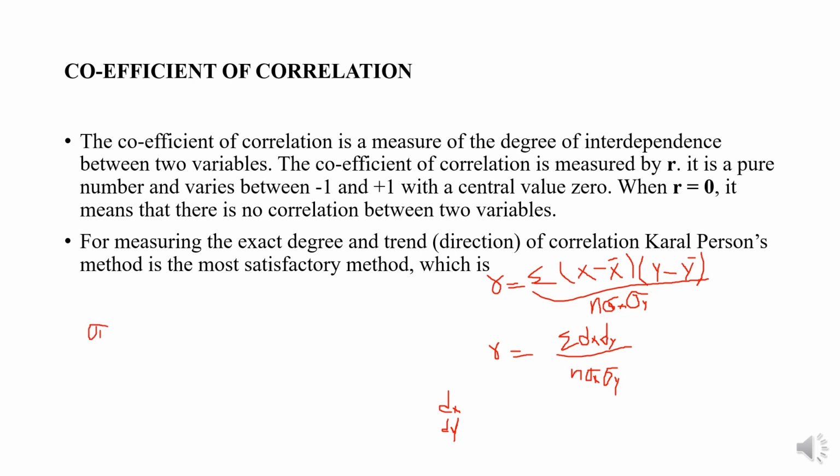For sigma x, we have the formula: square root of summation of (x minus x bar) whole square divided by n, or we can say this equals the square root of summation d square x divided by n.